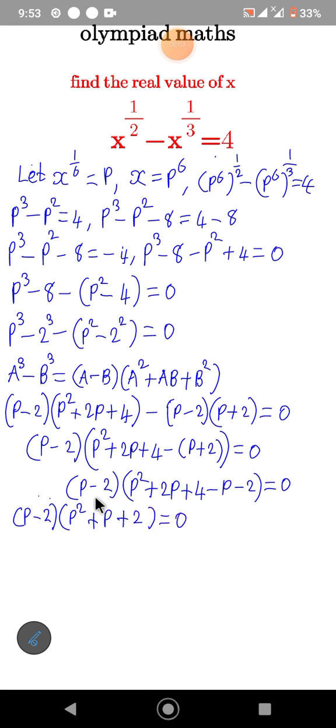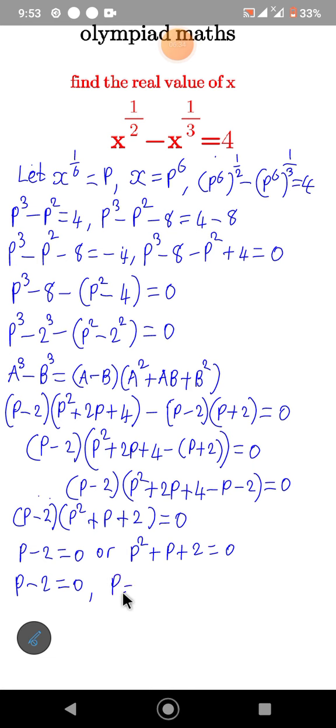Now, since we are looking for the real values of x, we can say here will now be p minus 2 equal to 0, or p squared plus p plus 2 equal to 0. But since we are looking for the real value of x in our question here, we are only going to consider this. So here will now become p minus 2 equal to 0. Therefore, p is equal to 2.